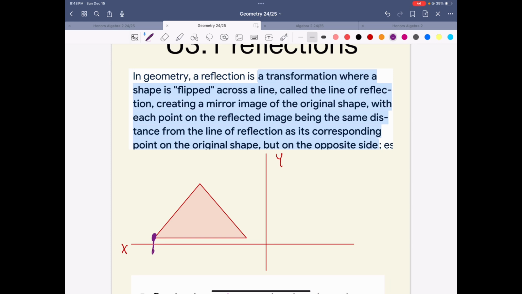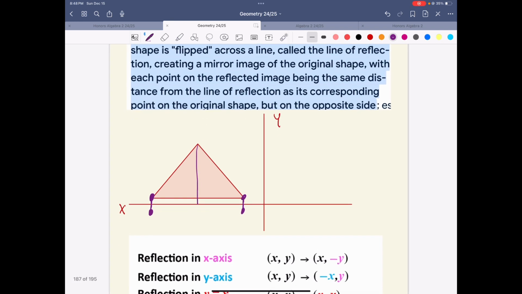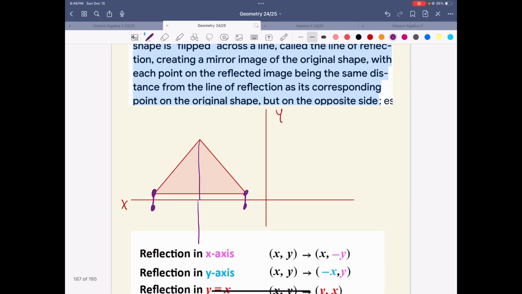So it's going to be that far across the x-axis right there. So this point is that distance, and it's going to be that equidistance on the other side. And this is that far. Okay, it's about that far.